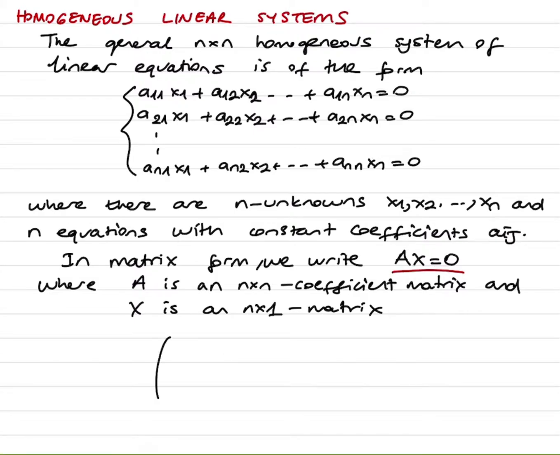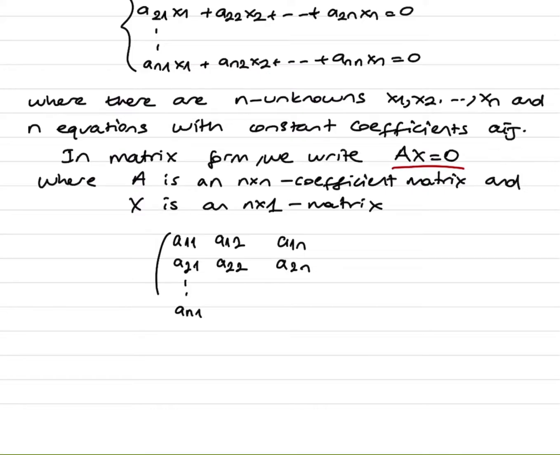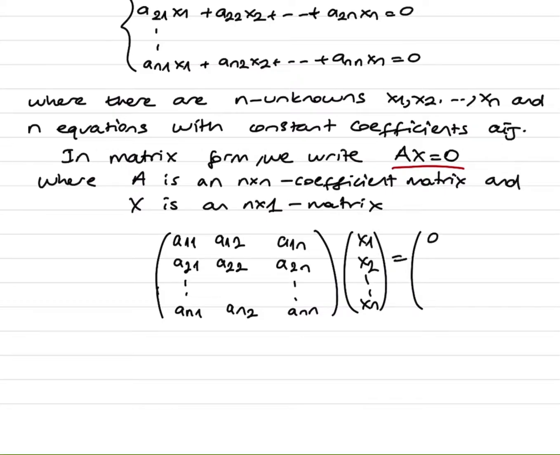So what is A? A is the coefficient matrix: a11, a12, a1n, a21, a22, a2n, and so on down to an1, an2, ann. And we have x1, x2, xn, which is equal to 0, 0, 0.